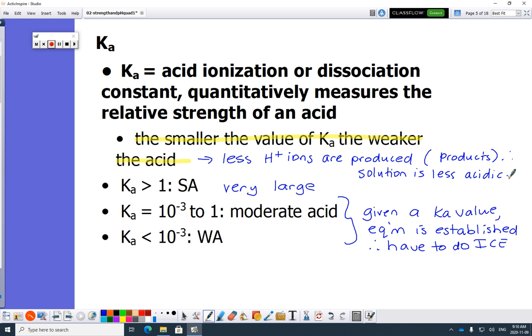So that is a quantitative way to decide whether something is a strong or weak substance.